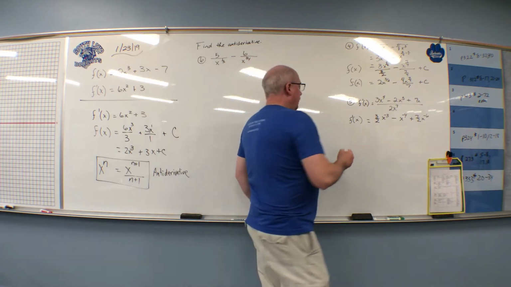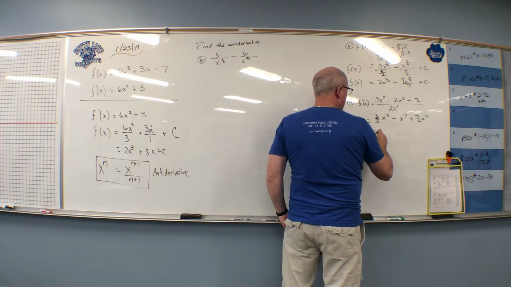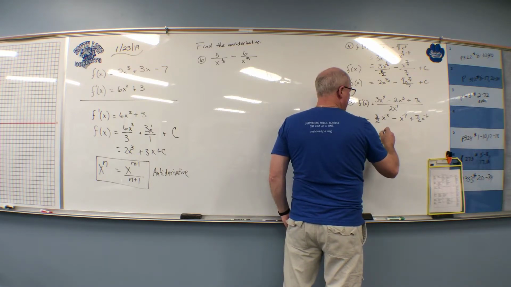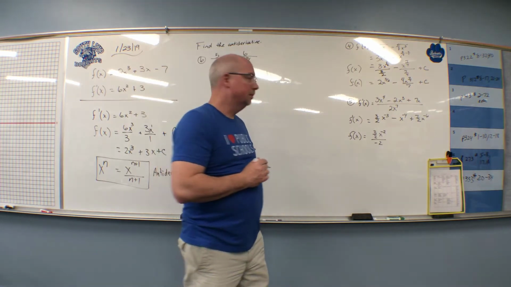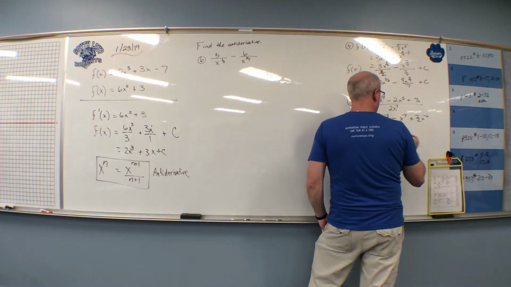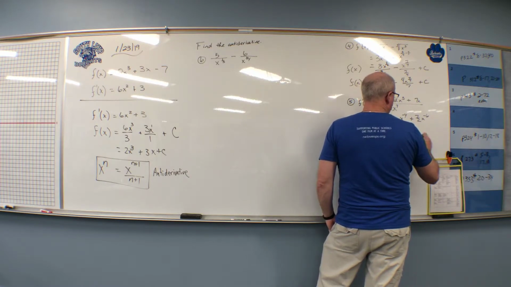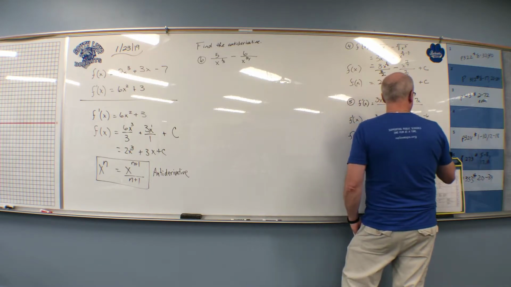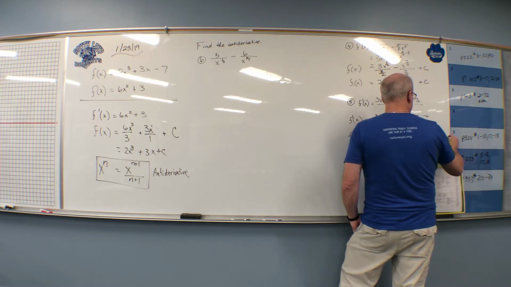So, the original function: I'm gonna take 3/2 x to the, raise it up one, divided by negative 2. Then I'm going to subtract x to the -3 over negative 3, and then add 7/2, divided by -5, x to the -5, and then plus c. Is that correct?